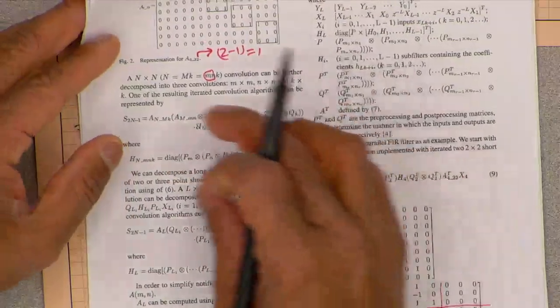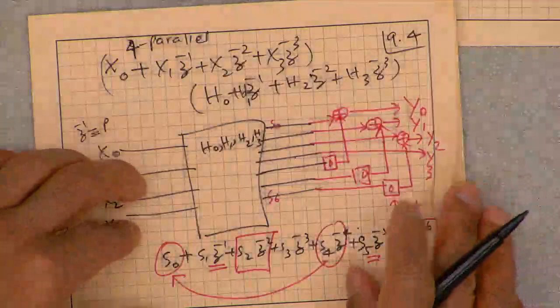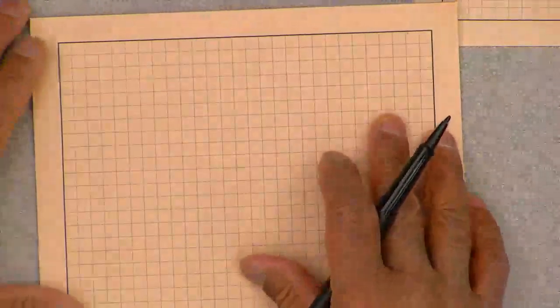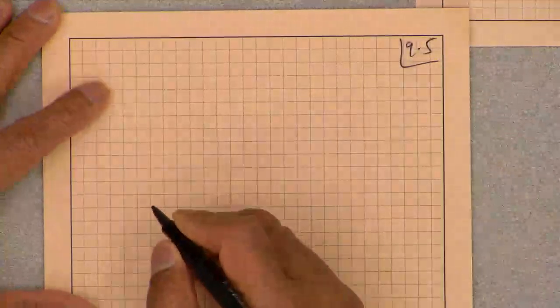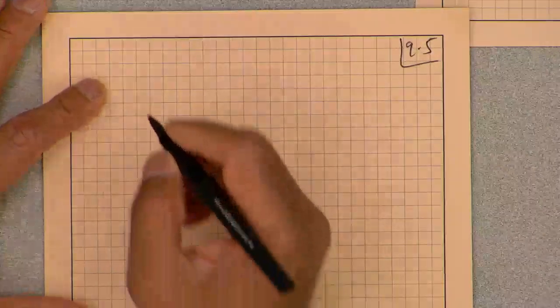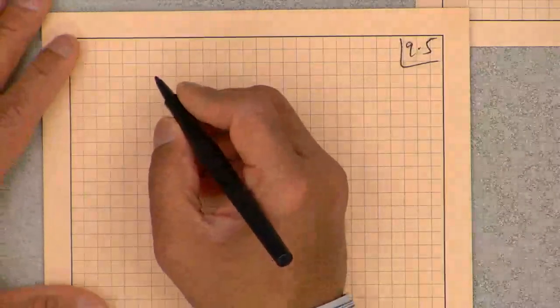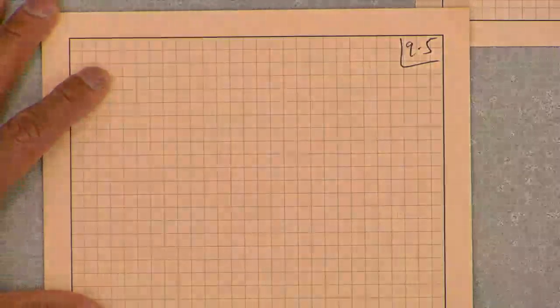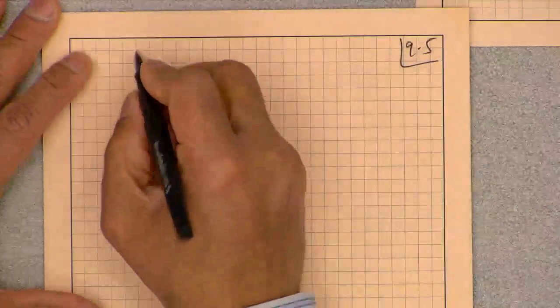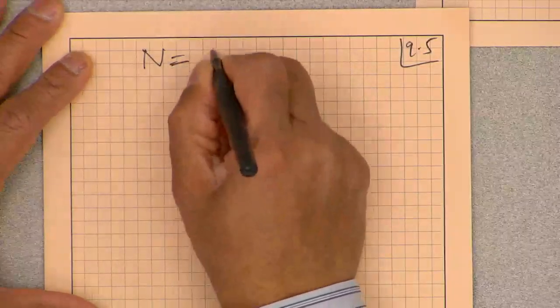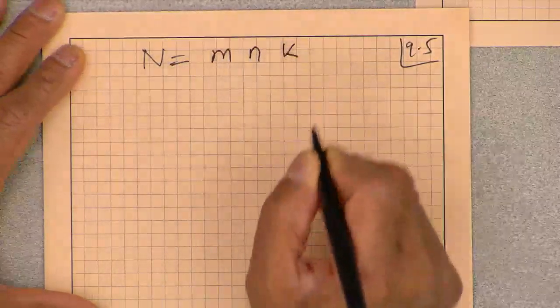Okay, so here is the way this works. Let's take that small example and then maybe describe that. So I want to start with, so N is m n k.